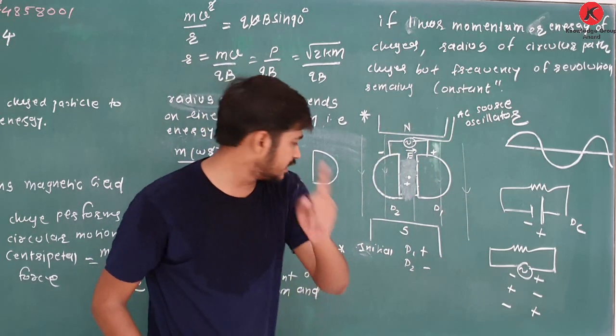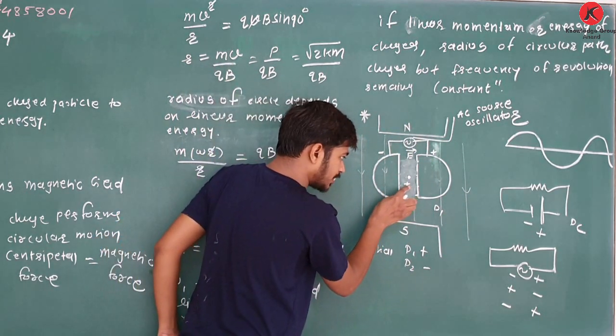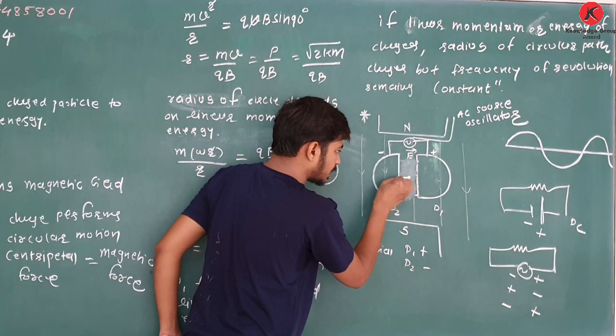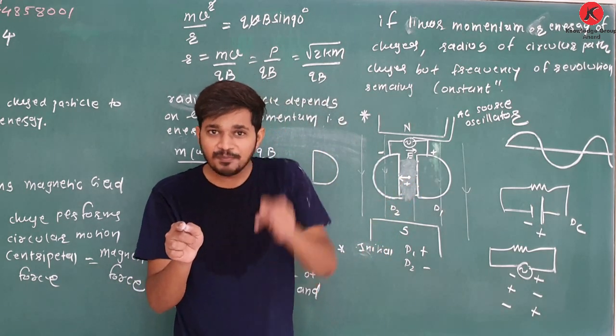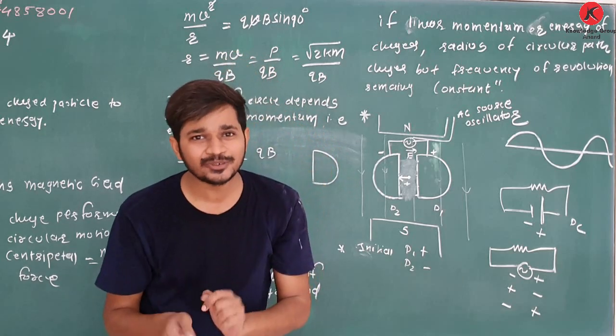Clear about this? So see, this charged particle is moving towards this plate in this direction, and the magnetic field is perpendicular to it.